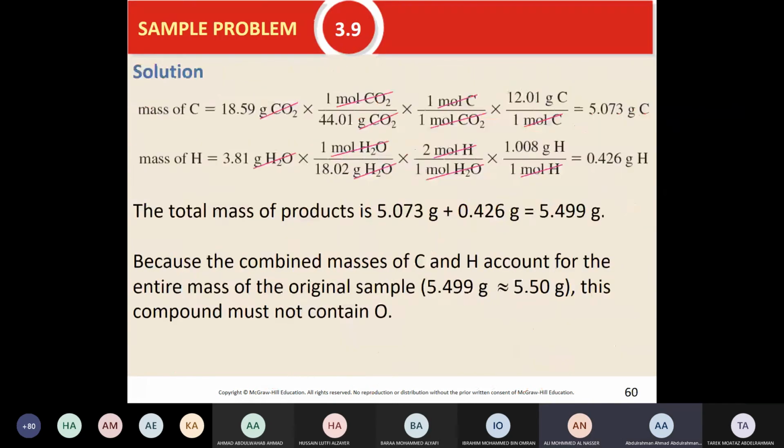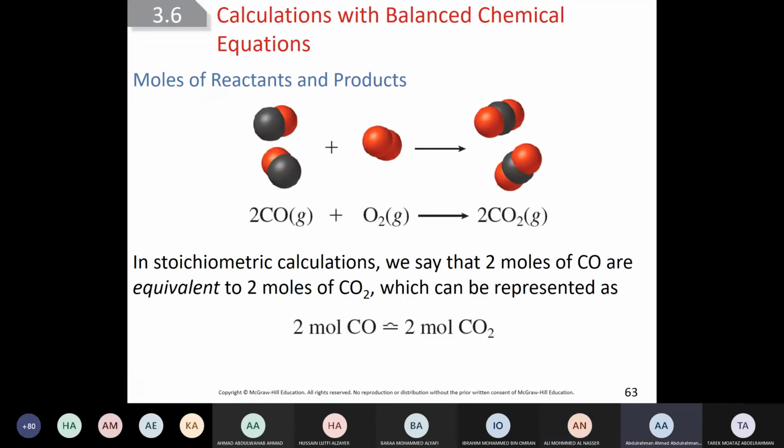Let's go to another reaction. When we have such a reaction, 2CO with O2 to give you 2CO2, what's the information that I have from this equation?